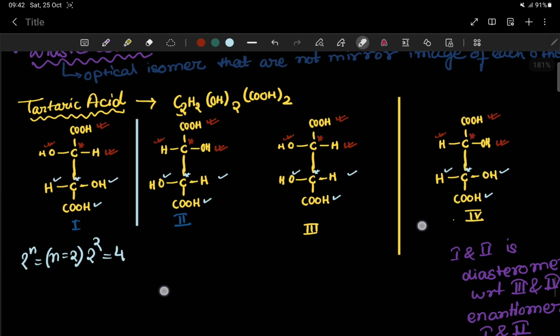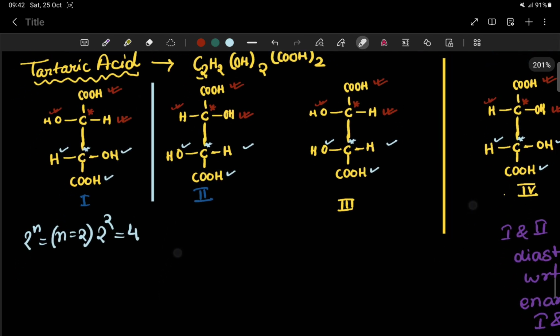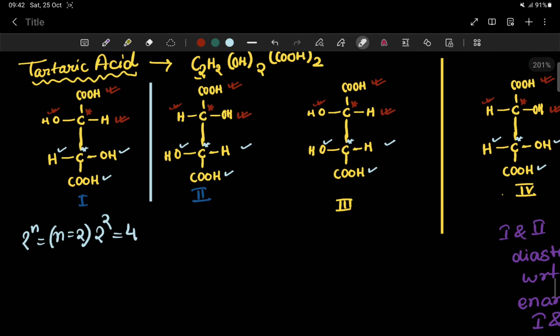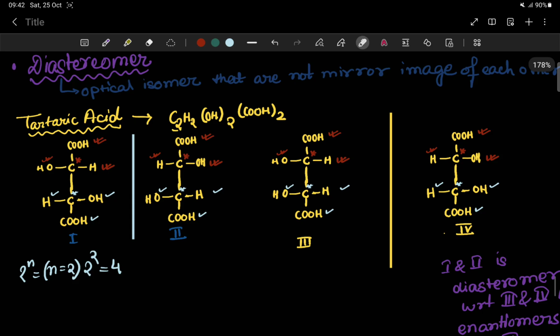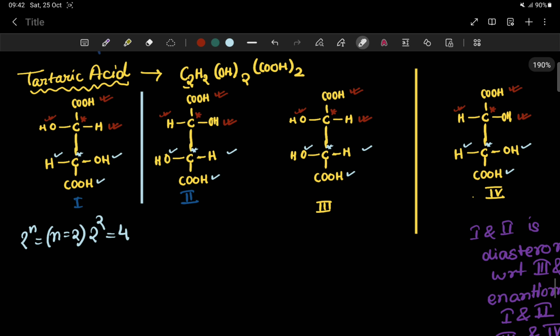Sorry, there is something wrong with my explanation. Just wait a second. Let me revise my explanation so that you can understand it in an easy way. Okay, just a second. Okay, see how you can say that this is optically active and this is optically inactive.